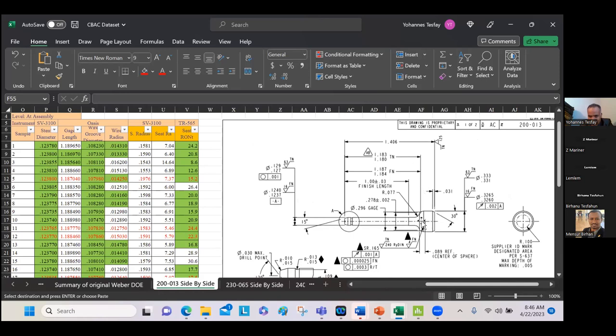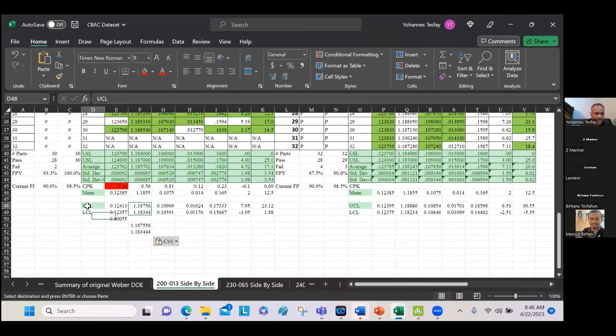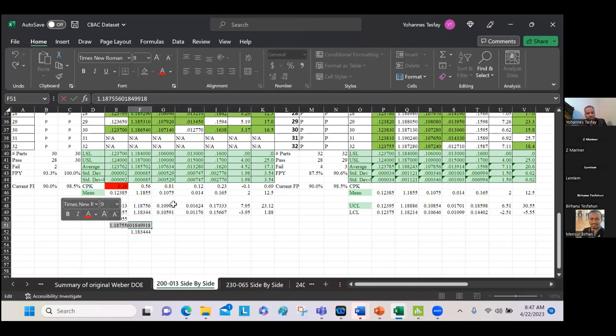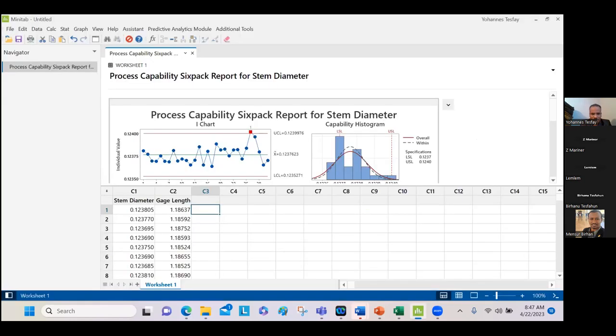This is the wrong way of writing it: it should be upper specification limit, and the lower specification limit is wrong like that. So this is what we have as lower control limits, but I'm going to only need this digit. That's the upper. So I'm going to go to Minitab.